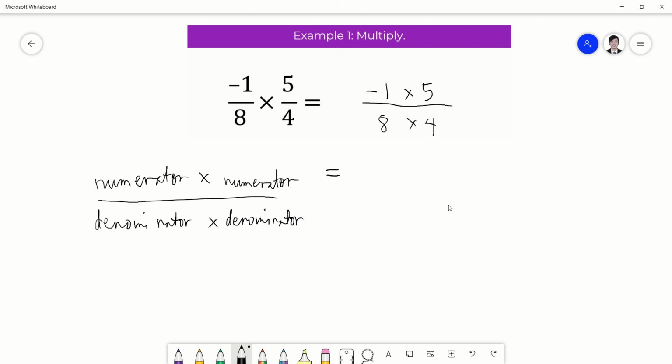Negative 1 times 5 is negative 5, and 8 times 4 is 32. So this is now our final answer. Don't forget, a negative fraction times a positive fraction is negative. That's why our final answer is negative.